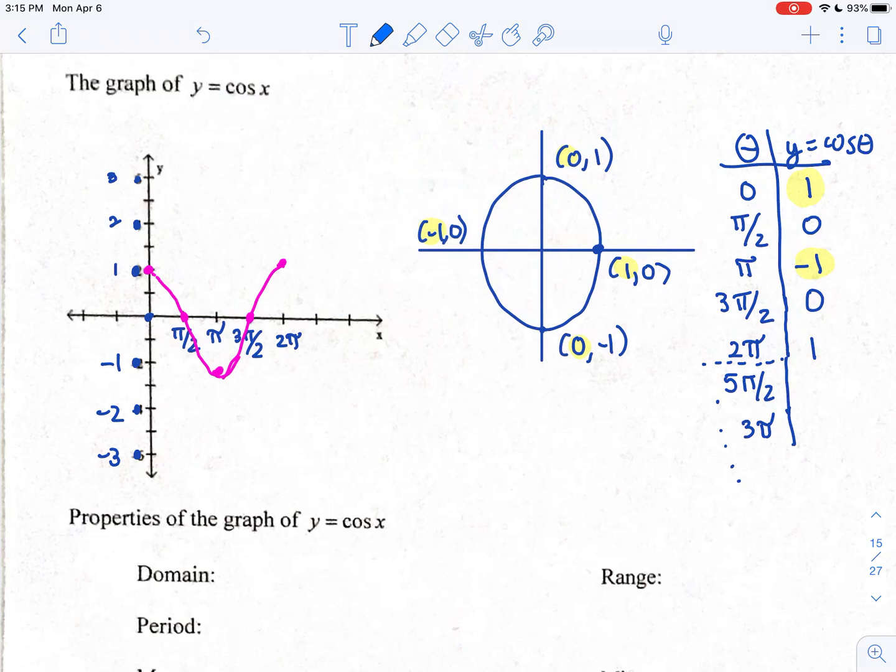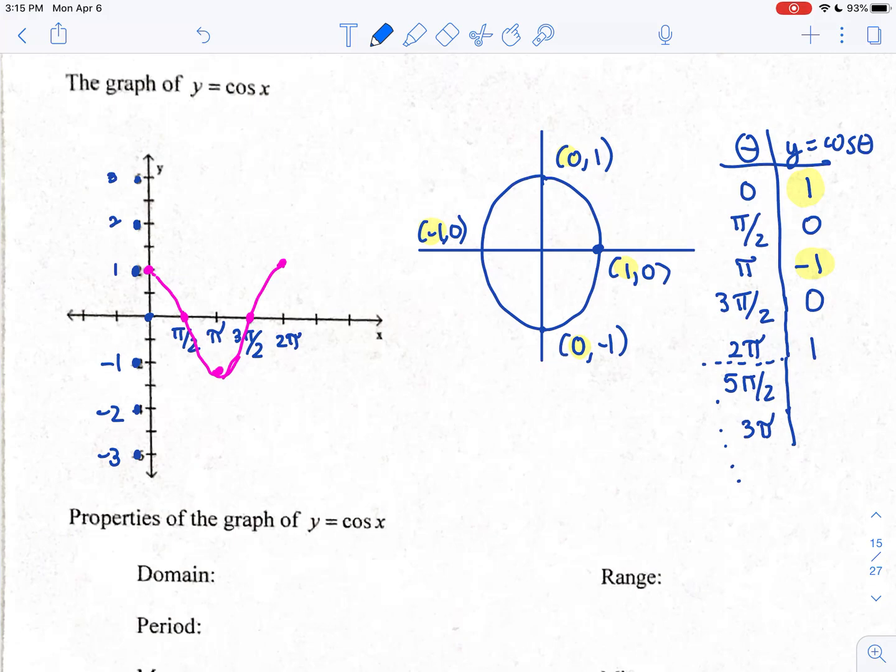But that's going to be your first wave of the cosine function. And I'll switch colors. This is all part of the same graph, but I want you to see in a different color that this function continues to go to the right to infinity and then to the left to negative infinity. But the pink is to designate that's one full cycle and one period of the cosine graph.